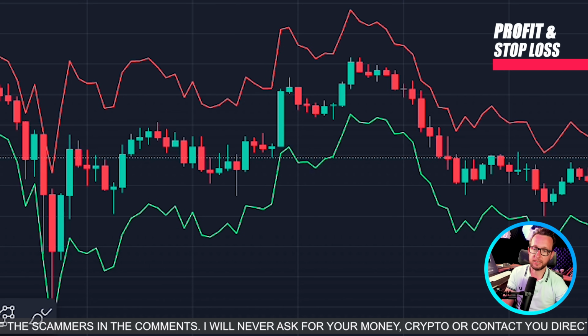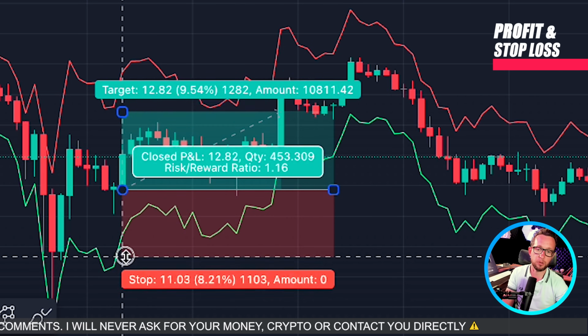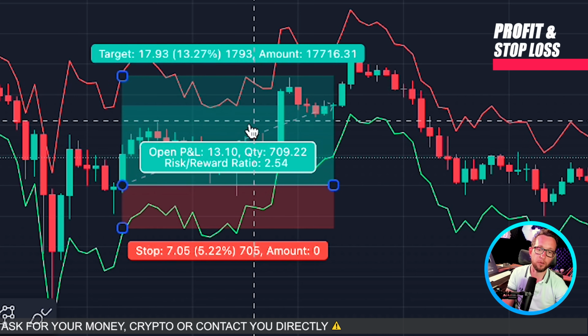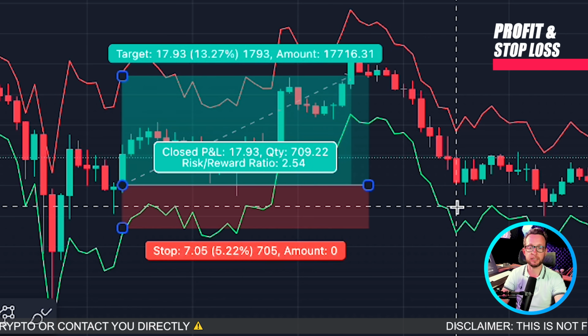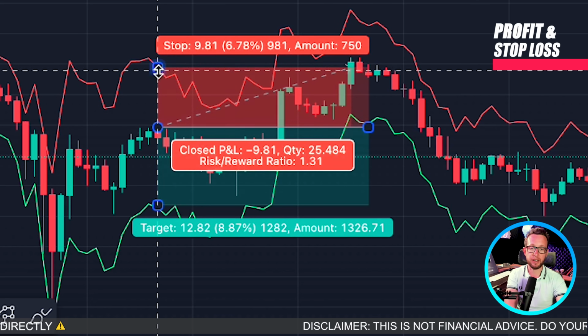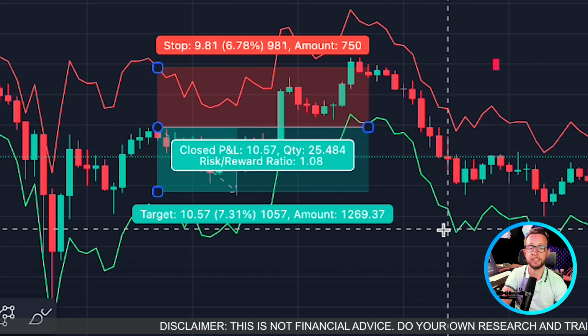By simply taking our entry thanks to all of our other indicators, we set our stop loss here to the green line, and then we literally do a risk to reward of however many it is in your trading strategy for our take profits. For a short, it's the other way around. We set our stop loss to that red line up there and look for a risk to reward of whatever your strategy says it should be.